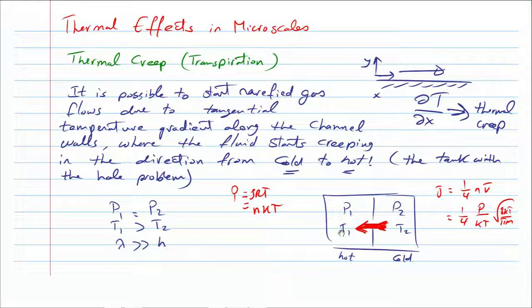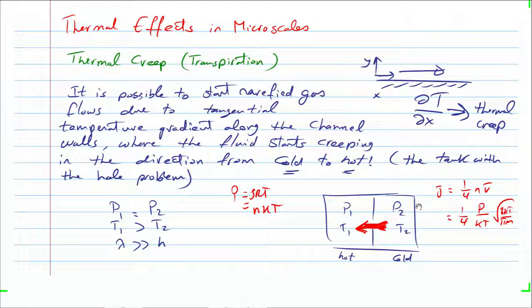And in the other tank, how many molecules will leave to the other tank through this hole? Quarter N1 V1, where N1 is the number density here, and V1 is the square root of 8kT1 over pi m. So m is the same, just T1 and T2 are different, right?